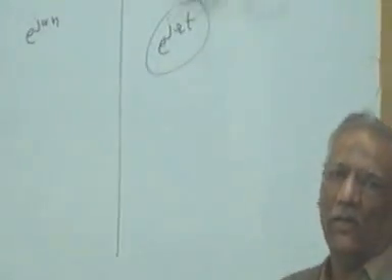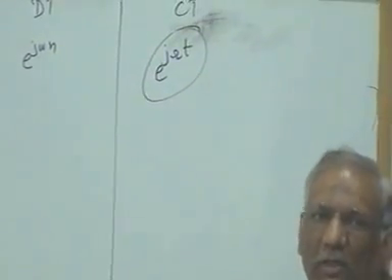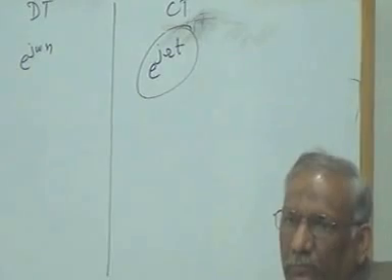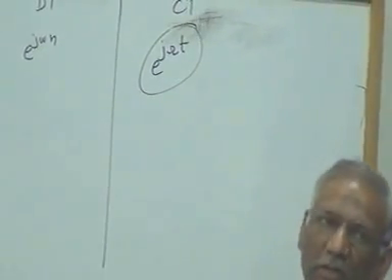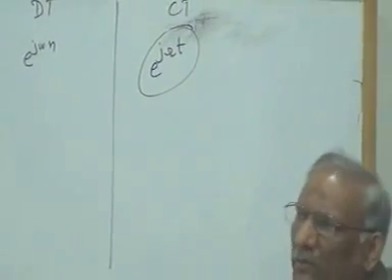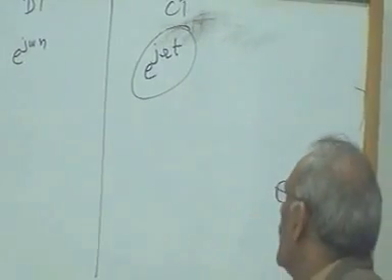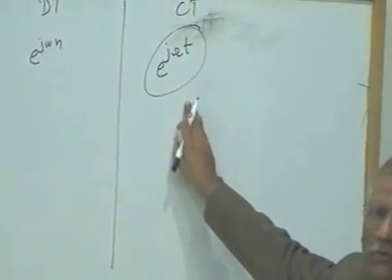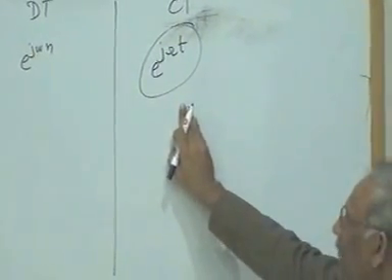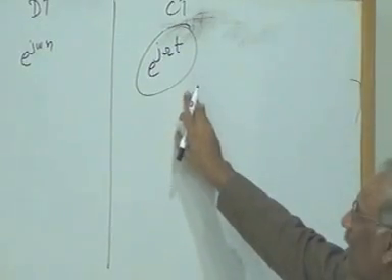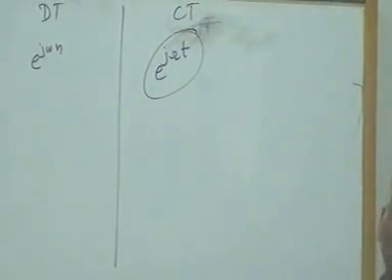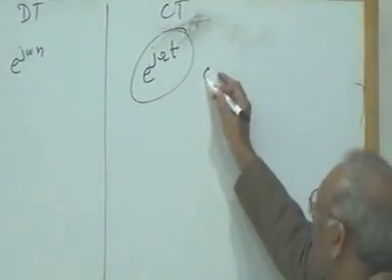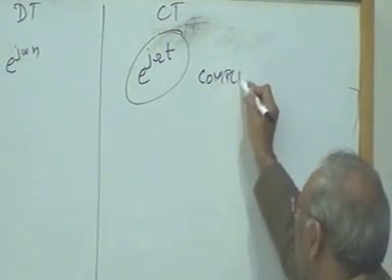Now, e raised to power of j omega t, a very interesting signal. This is a complex exponential. And the engineers, especially electrical engineers, and to some extent computer engineers, will be very comfortable with this. For those of you who don't have an electrical engineering background, let me just quickly cover this. We have multiple names for this signal.